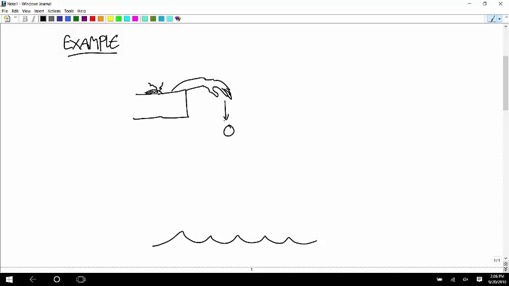Okay, so you want to see how high this bridge is. So you reach your arm over the side and you drop this rock and you turn on the stopwatch when you drop it, and then you hit stop when it hits the water. And we're going to use that to estimate how high this bridge is.